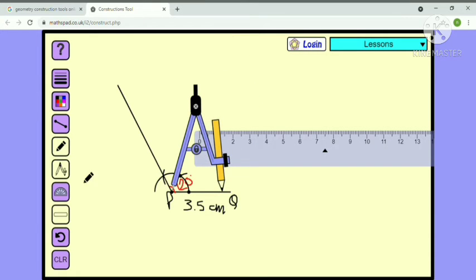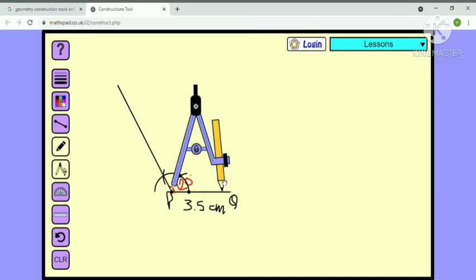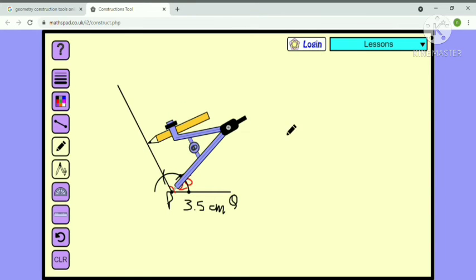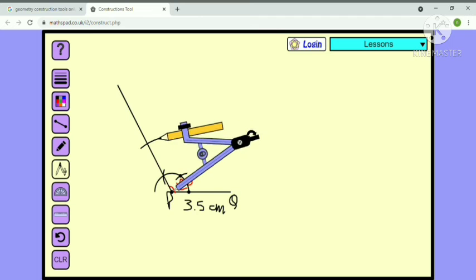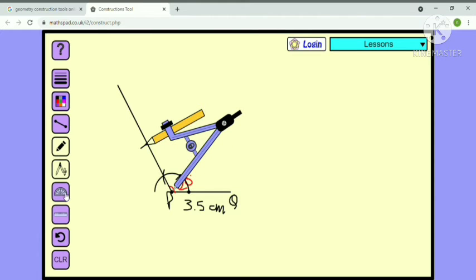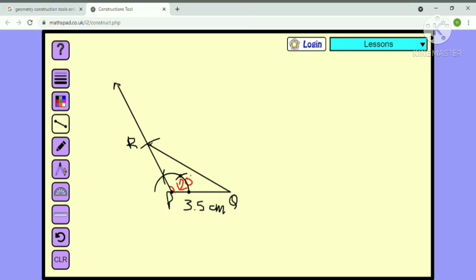Now keeping it at point P, we'll draw one arc and let us name that as R. Now let us join R and Q. Connect the points R and Q with line segment RQ.